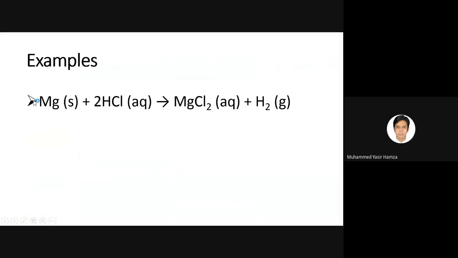Yes, magnesium is replacing hydrogen, taking the place of hydrogen and pushing hydrogen out. So why is magnesium replacing hydrogen, and not hydrogen replacing magnesium?